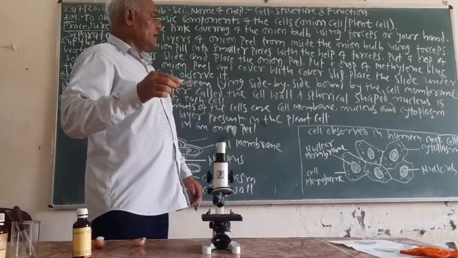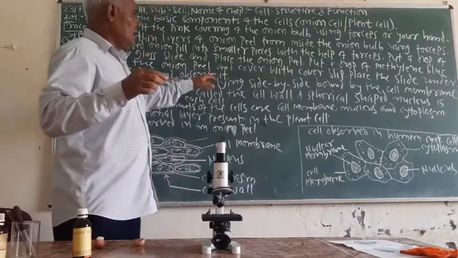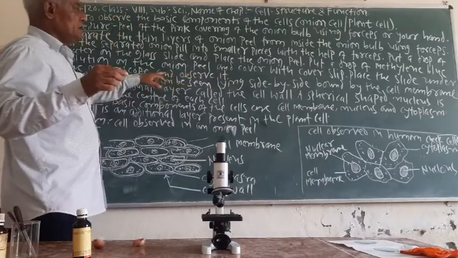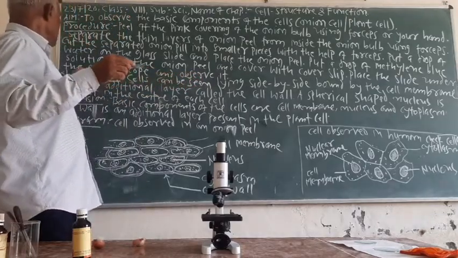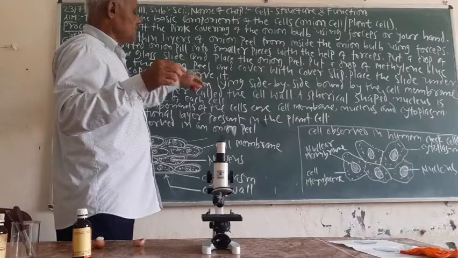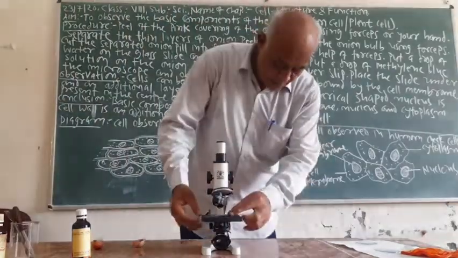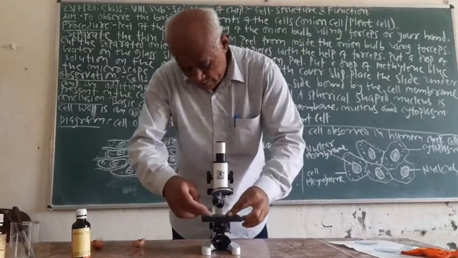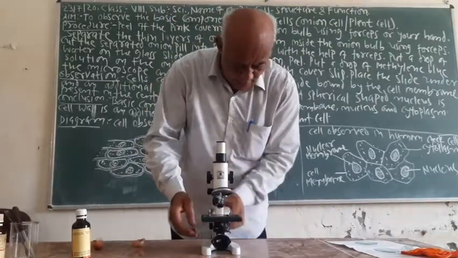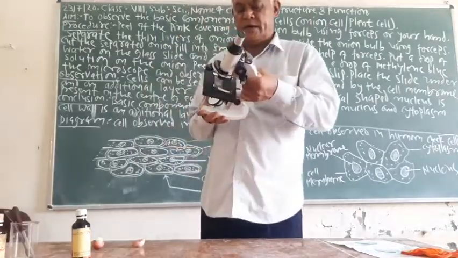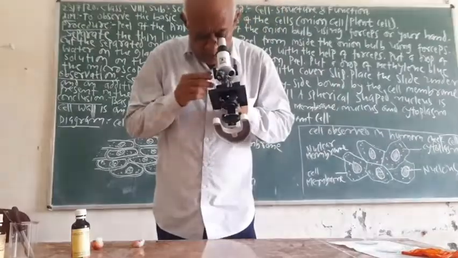After covering with the cover slip, the slide should be observed under the microscope. Now we place this slide at the base of the microscope in this way and observe from here.